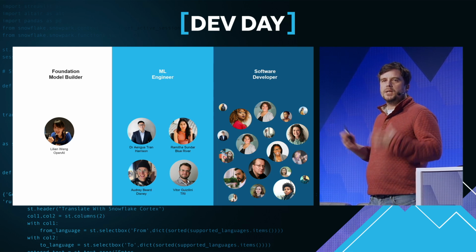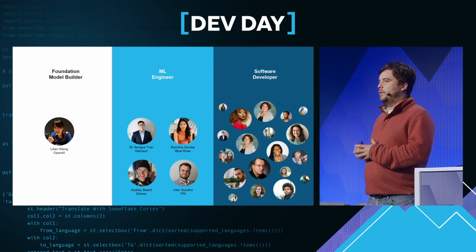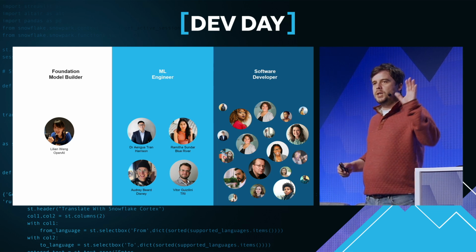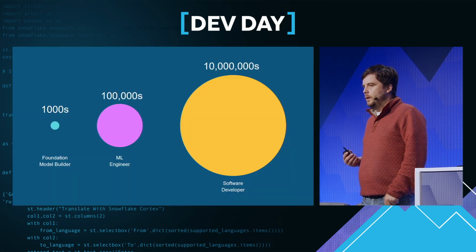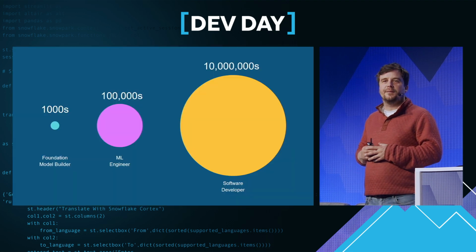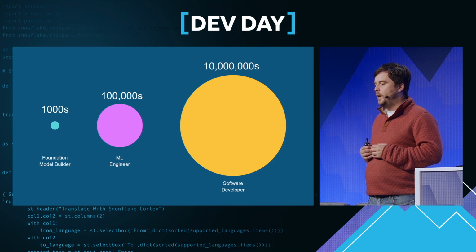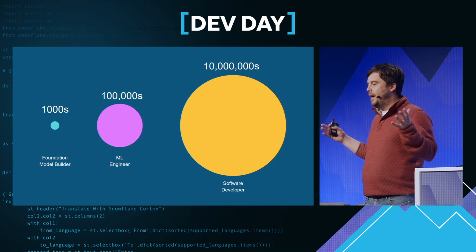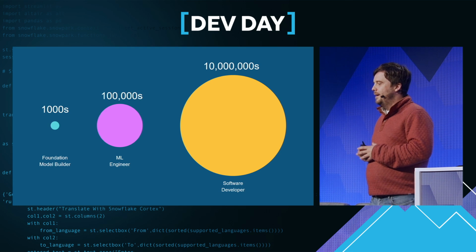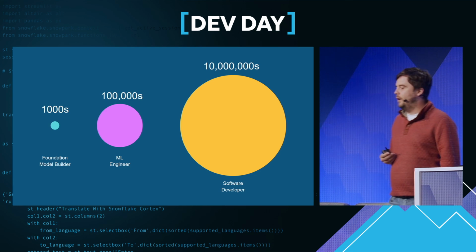Our mission here at Weights and Biases is to serve all three, although each of these personas is slightly different. We're passionate about all three, even though the size of each group is quite different. We think there are thousands of foundation model builders, maybe hundreds of thousands of ML engineers, and maybe tens of millions of software developers.